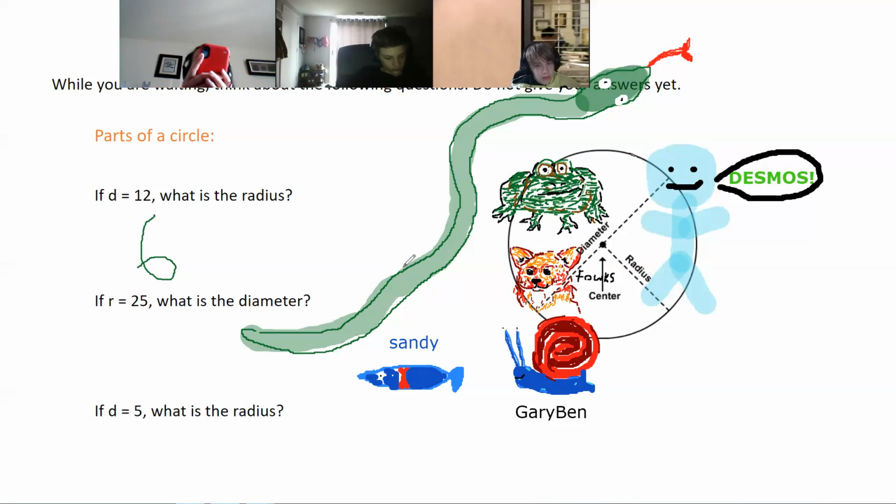Pi definition: it is the circumference divided by its diameter. That's what it is, not the area. Circumference divided by diameter.